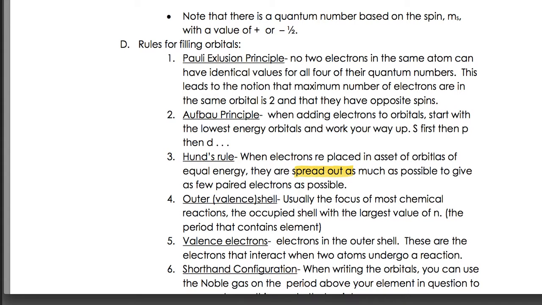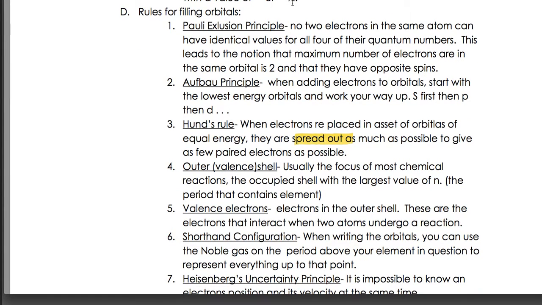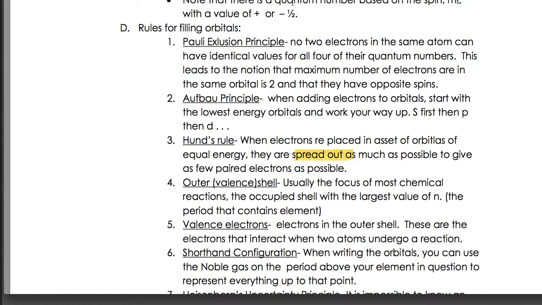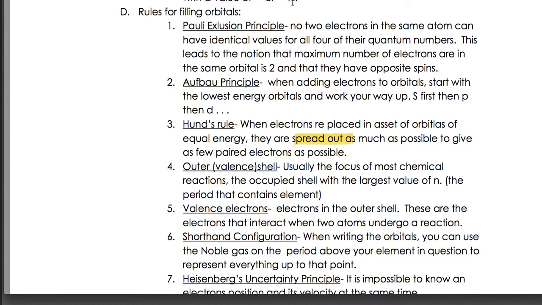And then there's the shorthand configuration, which we'll talk about when we do electron configuration. Basically, we look at the filling up of each electron orbital using Hund's rule and the Aufbau principle, and we're able to come up with an electron configuration.